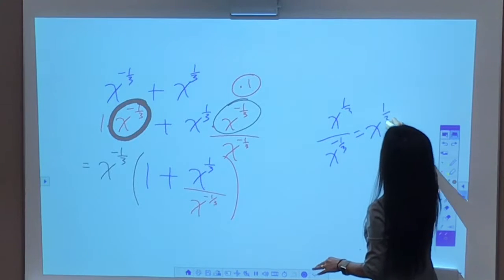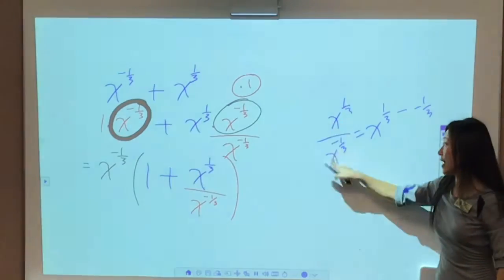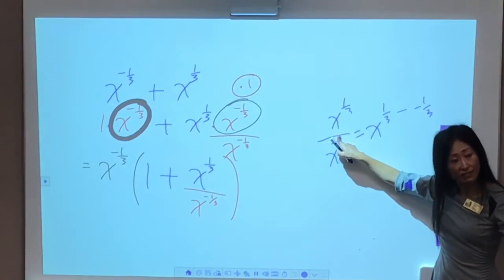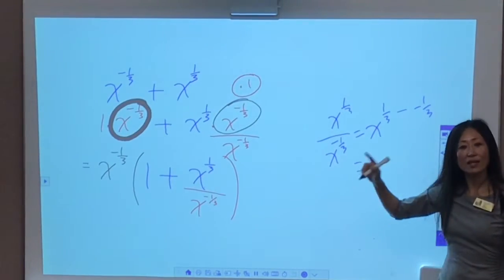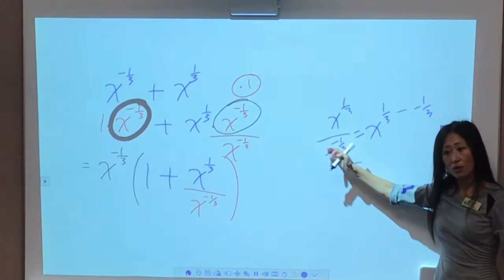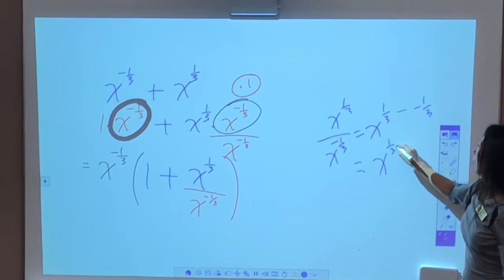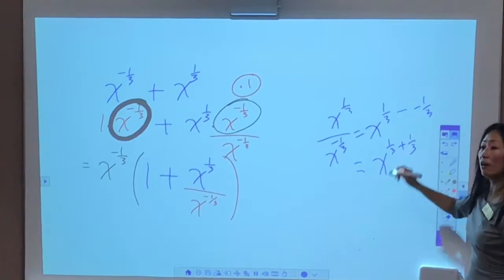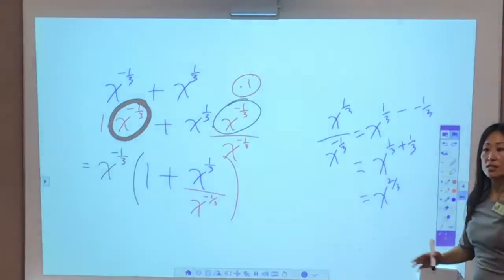X to the 1/3 minus negative 1/3. Am I right? Because same base, division, what do you do? You subtract. That's why I gave you the algebraic homework problem. Remember the worksheets? You have done this kind of worksheets, okay? So what do you have? X to the 1/3 plus 1/3 gives you x to the 2/3.